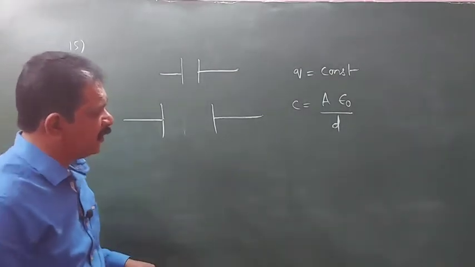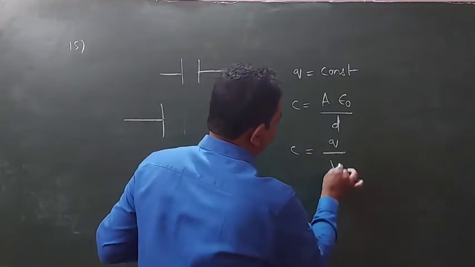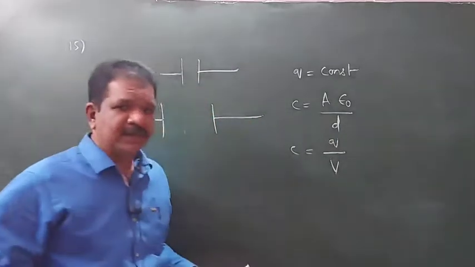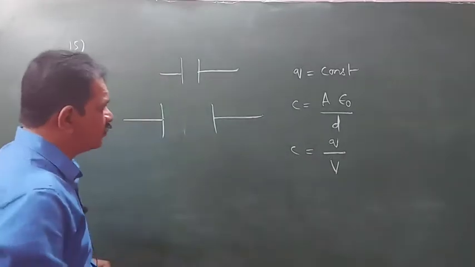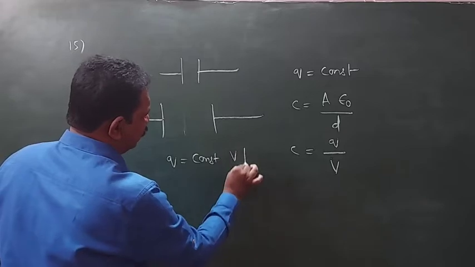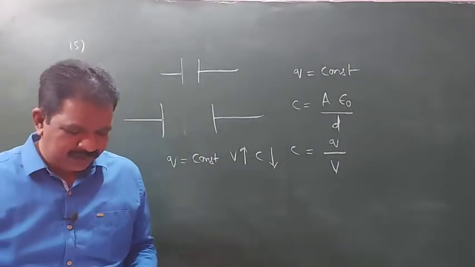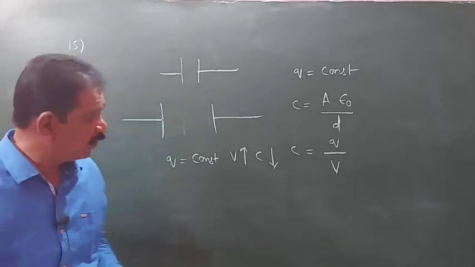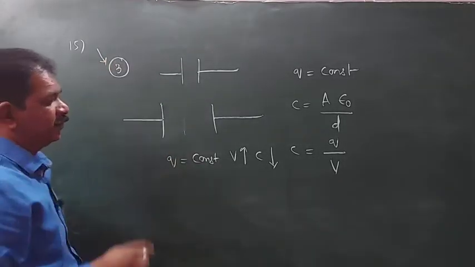Capacity decreases, C is equal to Q by V, charge constant. Capacity decreasing means V is increasing. So Q is constant, V is increasing, C value will decrease. So 15th, it will be the third option.